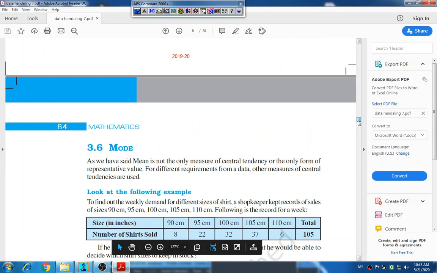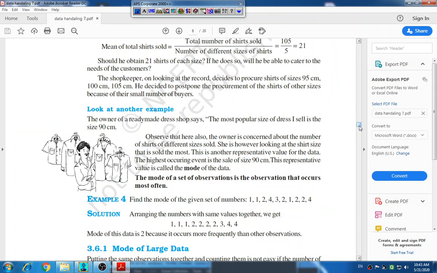Now look here. Should he obtain 21 shirts of each size? If he does so, will he be able to cater to the needs of customers?